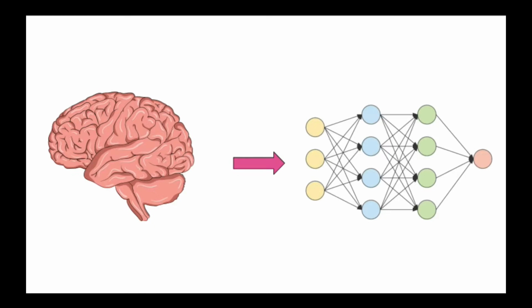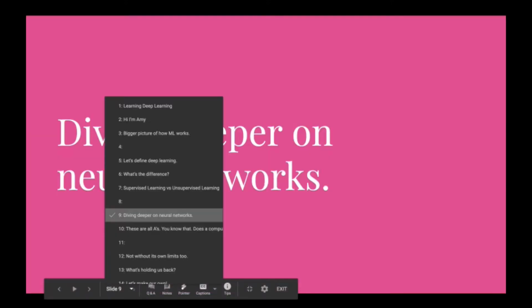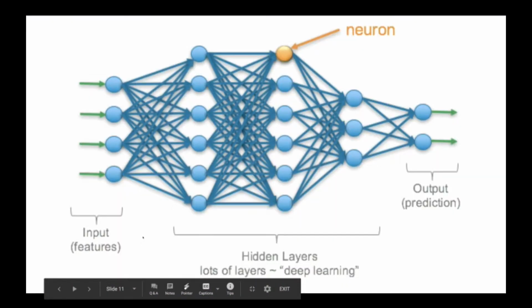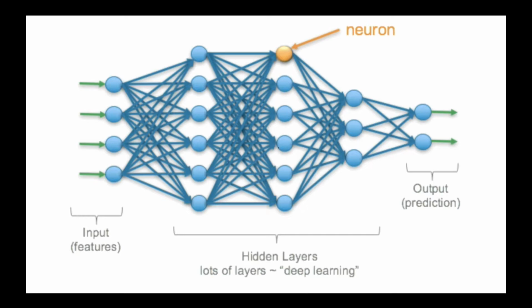So deep learning was inspired by this. Let's talk about it more then. It's inspired by the neurons, and the entire network structure is called a neural net.